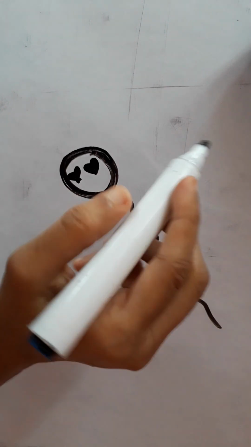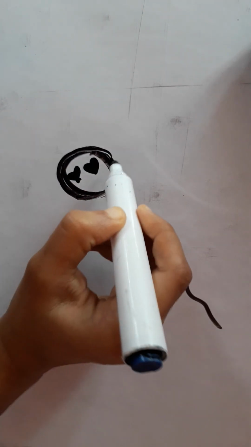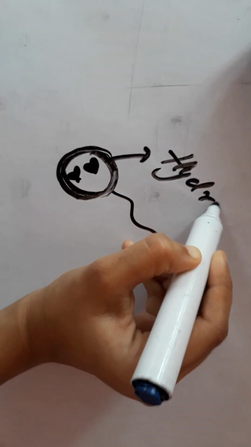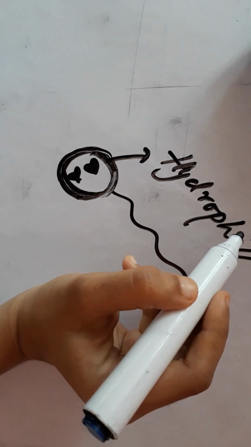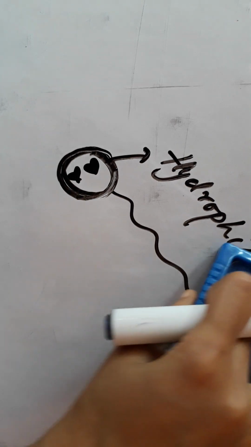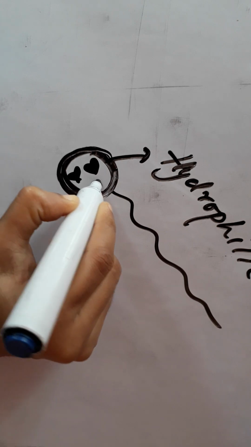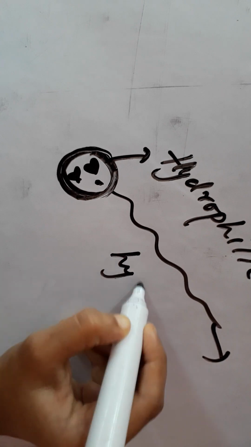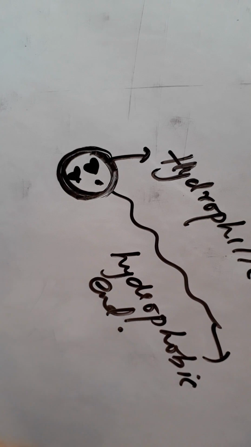Okay, we learned one term, that is hydrophilic. Hydrophilic means what? Water loving. So the water loving part will be present on the head. So we can write here hydrophilic end. The head portion of the soap molecule is the hydrophilic end, whereas the other portion is the hydrophobic end.